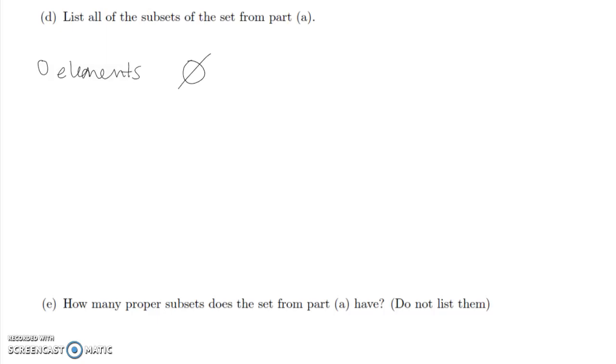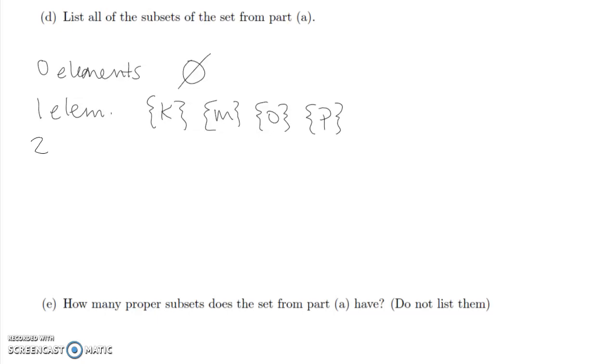So we'll list the empty set. We can have 1 element. There's lots of different options for this. So we could have just ketchup, just mustard, just onions, or just pickles. So 4 different choices there.